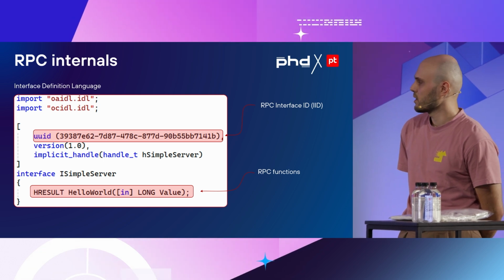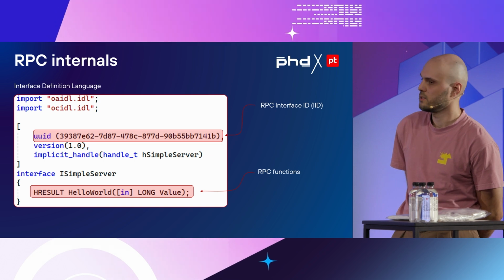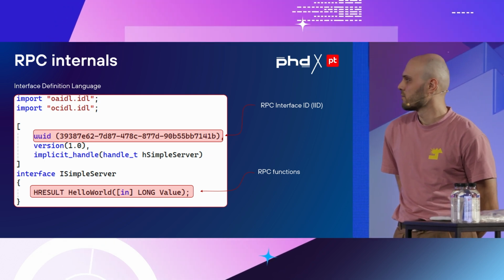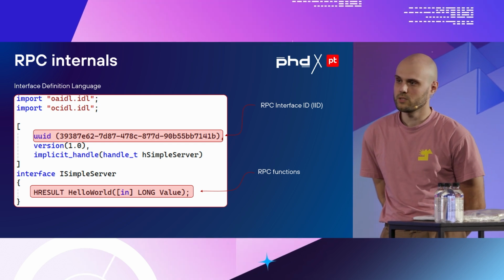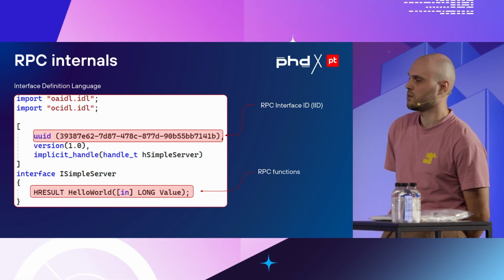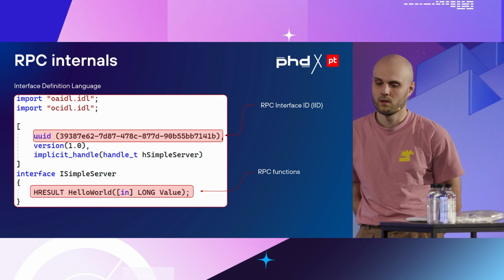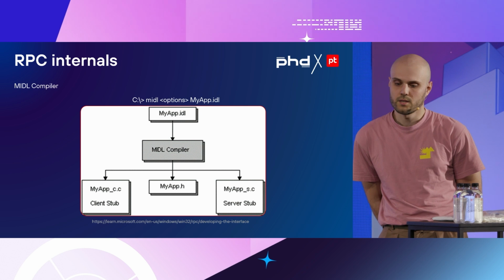The header has all the attributes, like unique ID and version, because there can be a number of versions, and the body has the method description. So function names, inputs, outputs, return values.